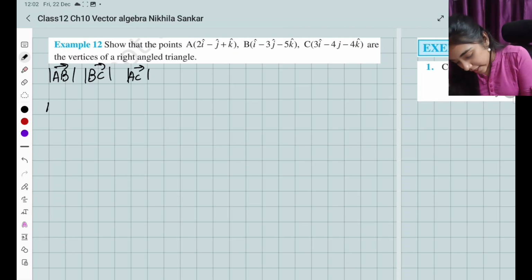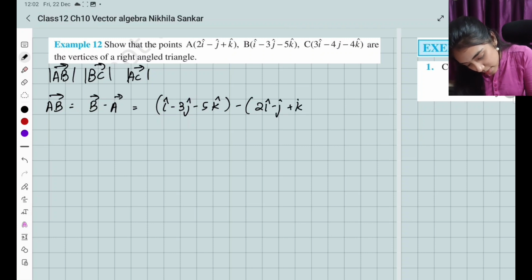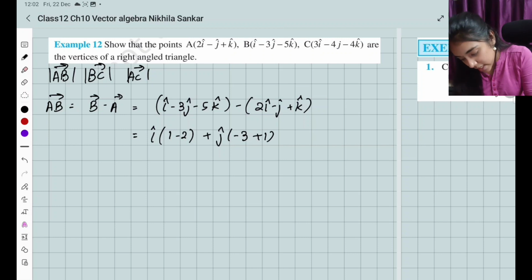Okay? So I need to find AB, which is going to be B minus A, which means I need to find i cap minus 3j cap minus 5k cap minus 2i minus j plus k. And I club the i terms. I have 1 minus 2, plus j terms, minus 3 plus 1. Right? There is a minus here and a minus here, so put them carefully.